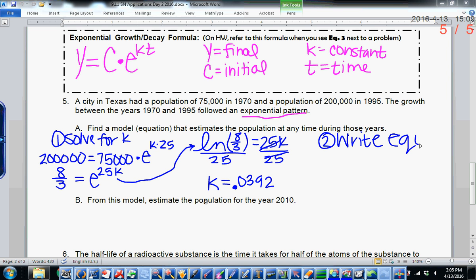Okay, so that means we can now write the equation now that we have k and we have our initial. So y equals, our initial population is 75,000 times e to the 0.0392t power.